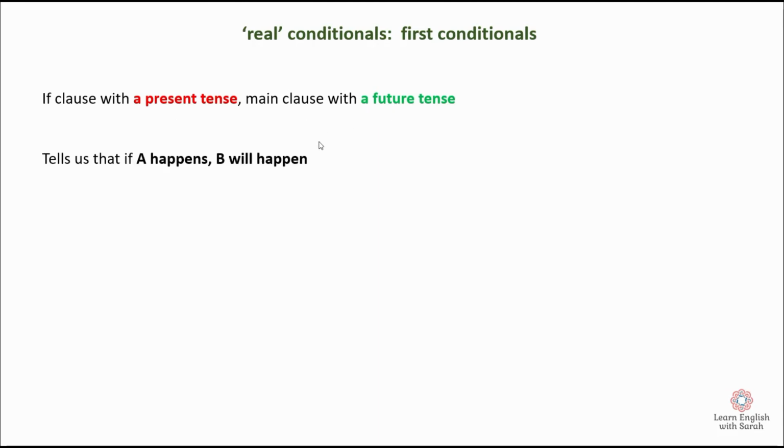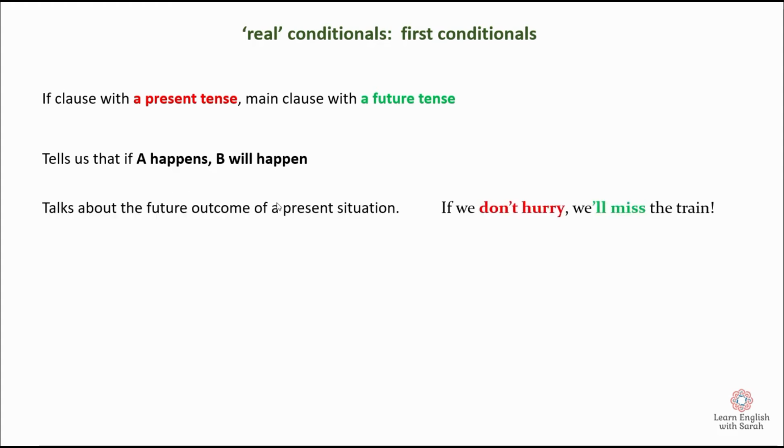Alright, first conditionals then. First conditionals have got a different structure. So with the if clause, you have a present tense, but in the main clause, you have a future tense. And these first conditionals tell us that if A happens, B will happen as well.